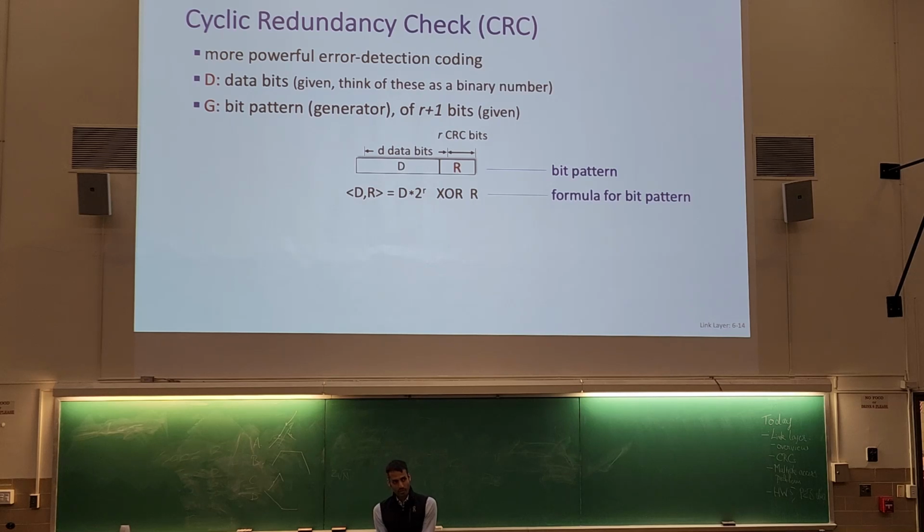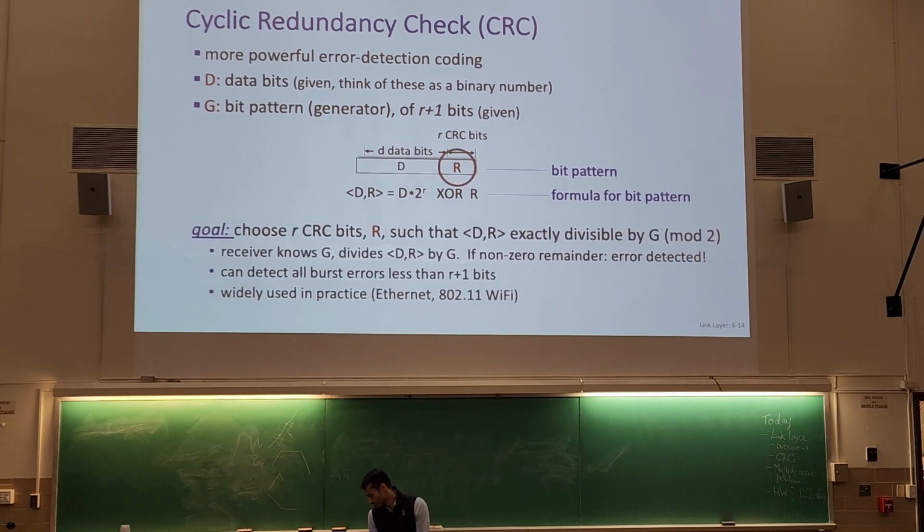In that arithmetic, we can think of this checksum R, that is R bits long, generated using a generator that's R plus 1 bits long, as the remainder when this whole thing is divided by G. So here's the way to think about it.